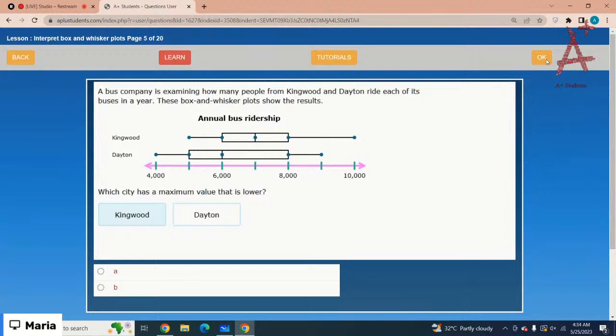A bus company is examining how many people from Keenwood and Dayton ride each of its buses in a year. These box and whisker plots show the result. Which city has a maximum value that is lower?